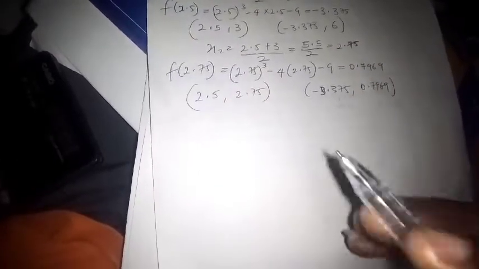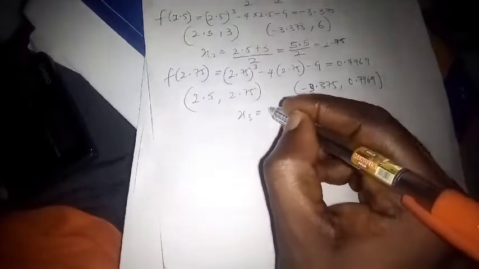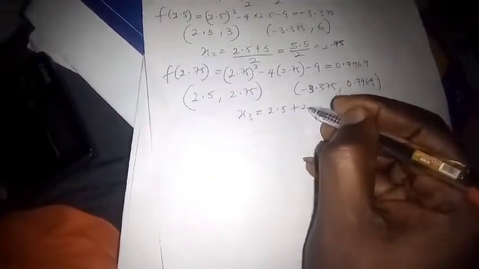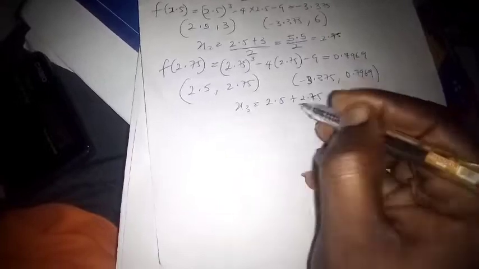These are now your new root and interval. Let's continue. x3 will be equal to (2.5 + 2.75) all over 2.